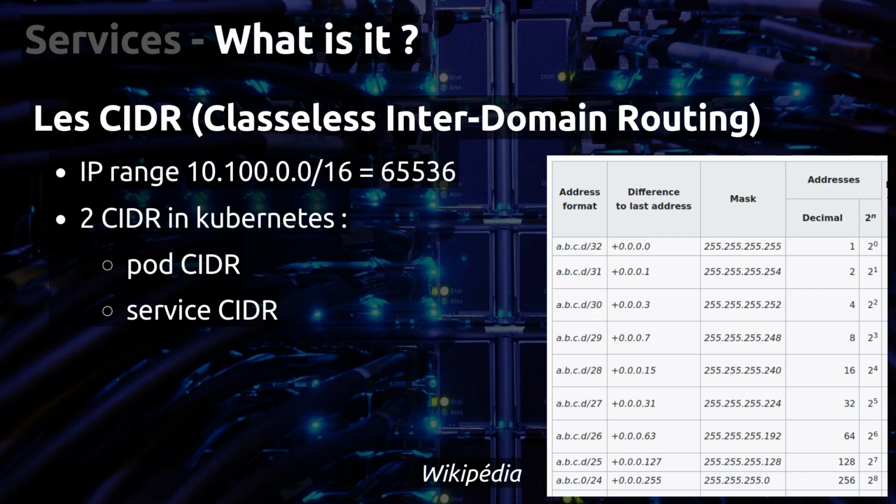This is really important to have in your mind, because sometimes you want to ping a pod, so you use the IP and the subnet of your pod, but sometimes you need to ping or to curl a service, and you need to use the IP of the service.